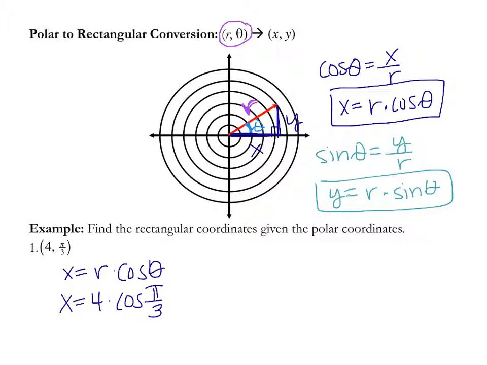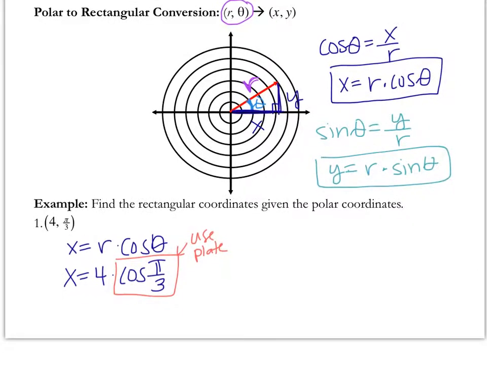And now this part you will need your plate for, you need to know this value, as you can use your plate to find that value. And cosine of pi over 3 is 1/2, so 4 times 1/2. That's going to give us that the x coordinate is really just 2.